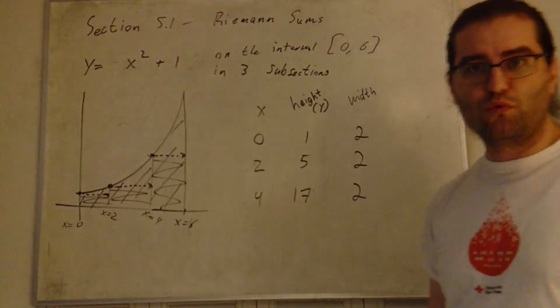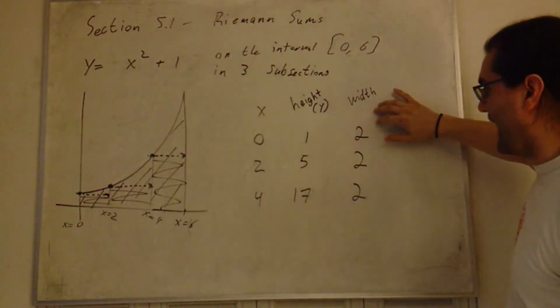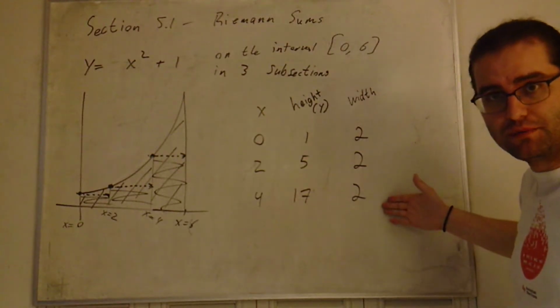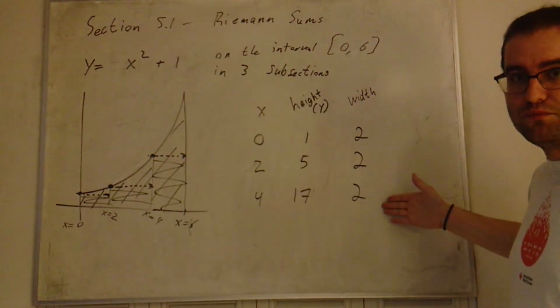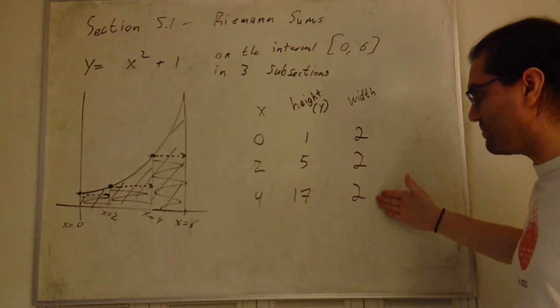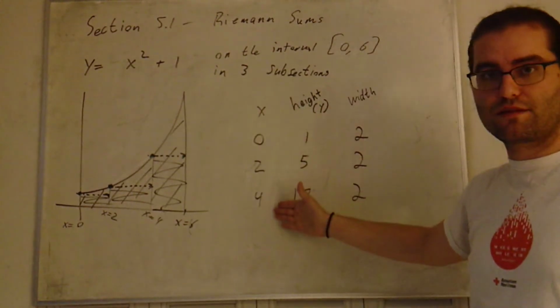I would like to warn you right now, it seems a little silly to add a column to this table where every entry in the column is the exact same number. But I tell you from experience, when students skip this step, they almost always conflate the x values for the width.